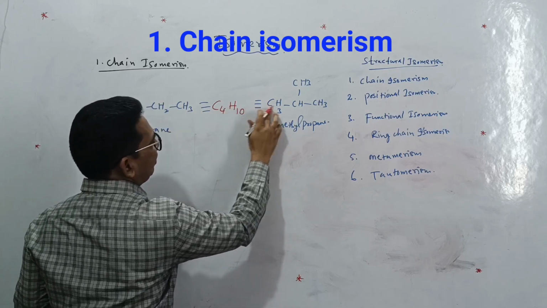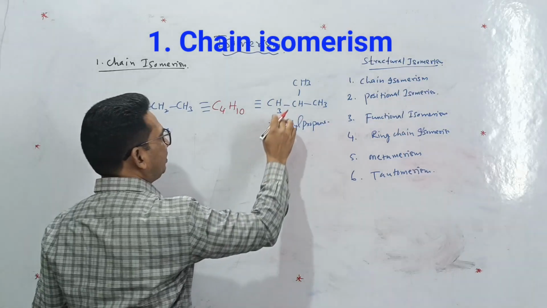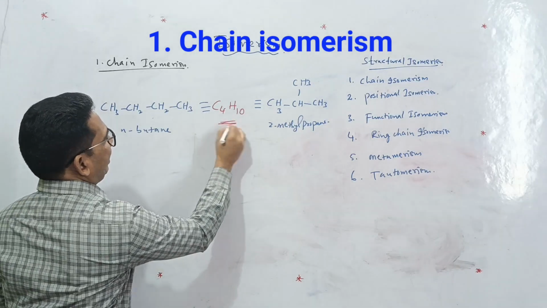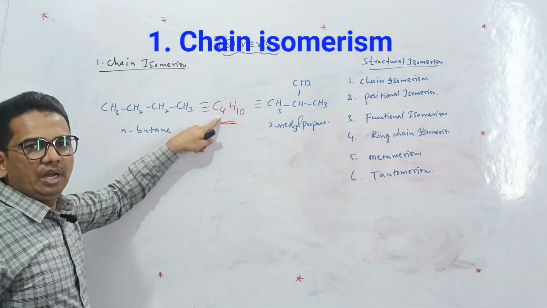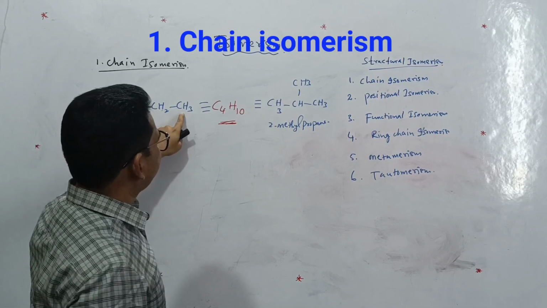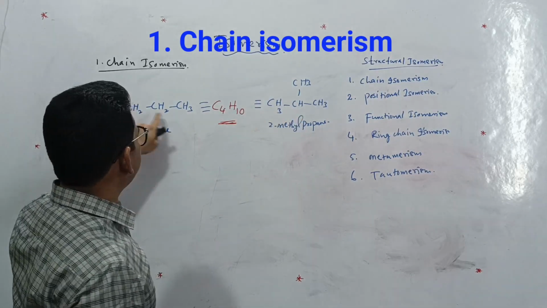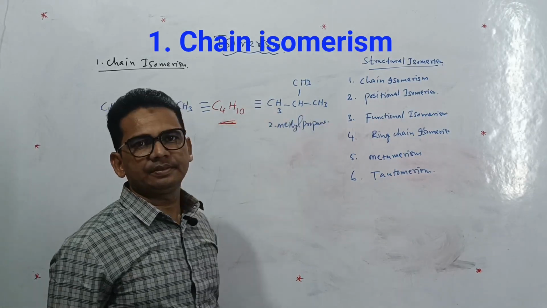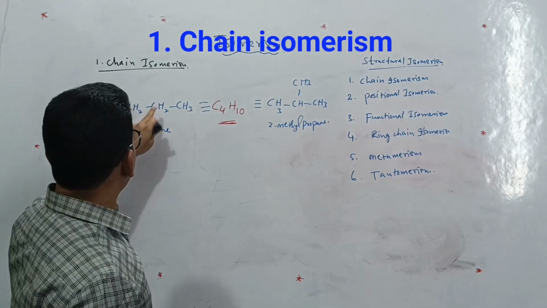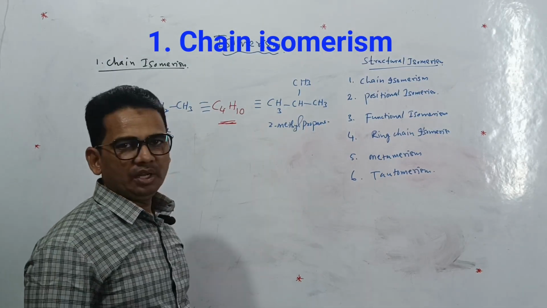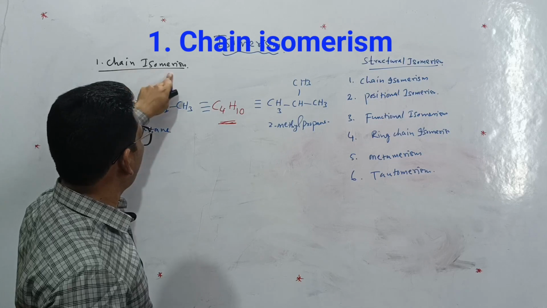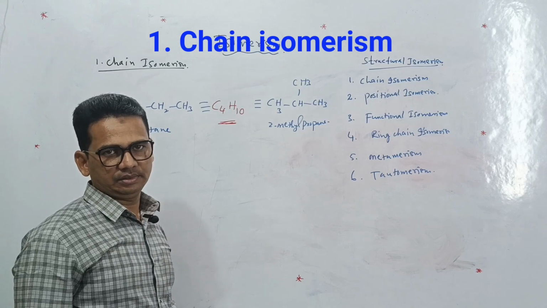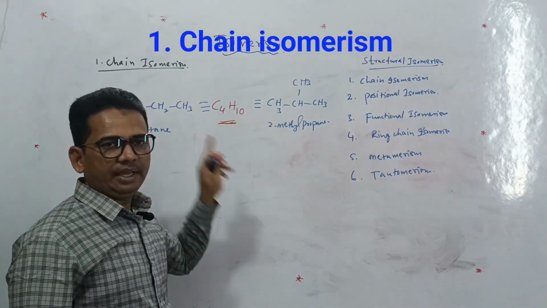In this case also you can see 4 carbons, and hydrogens 3, 3, 3, 9 plus 1, 10. Both have the same chemical formula but are different in structure, which is nothing but the difference in the chain. One is the normal chain and another is the branched chain. This type of isomerism we call chain isomerism; they differ only in the chain, but both have the same formula.